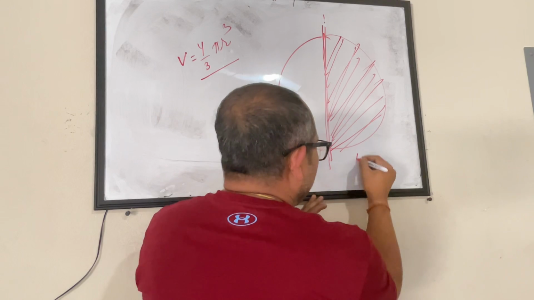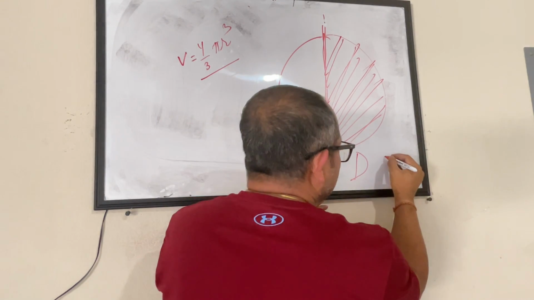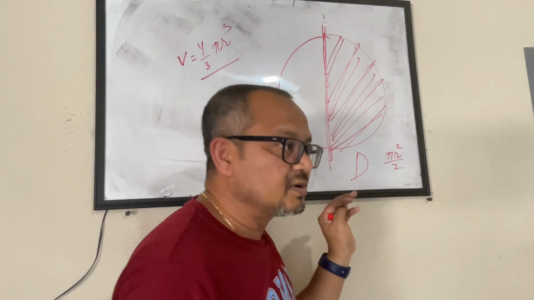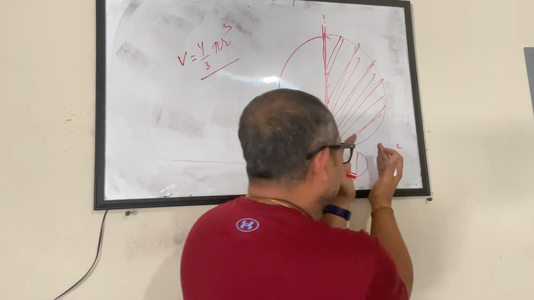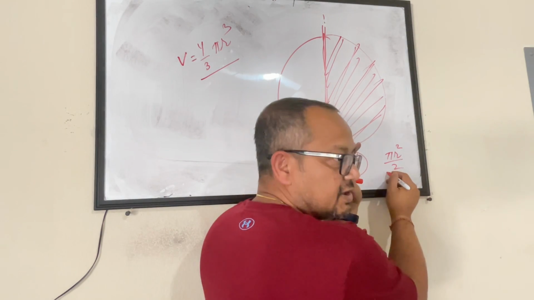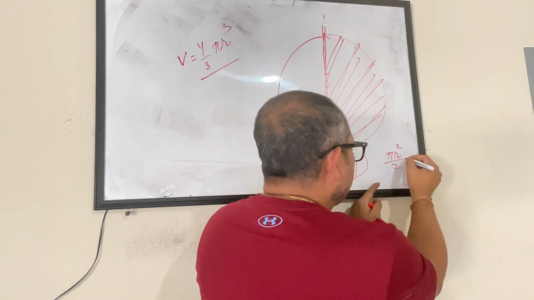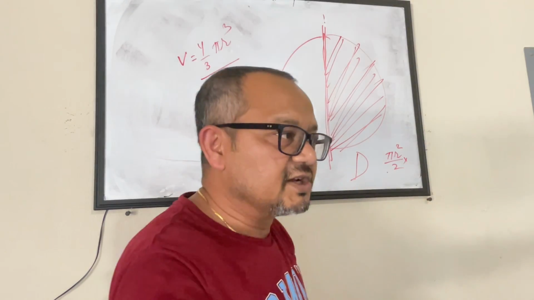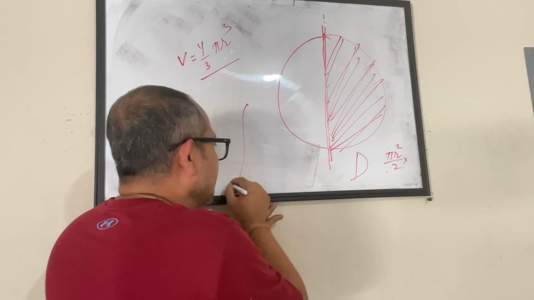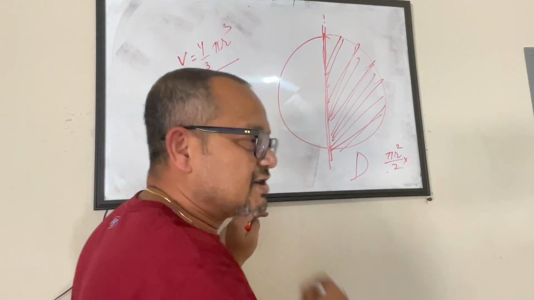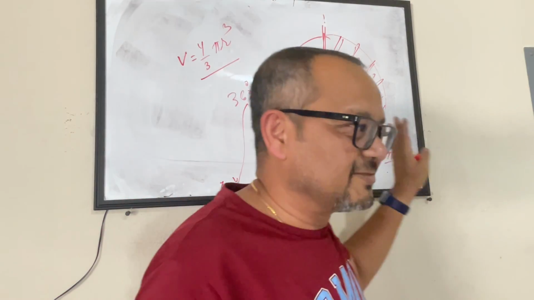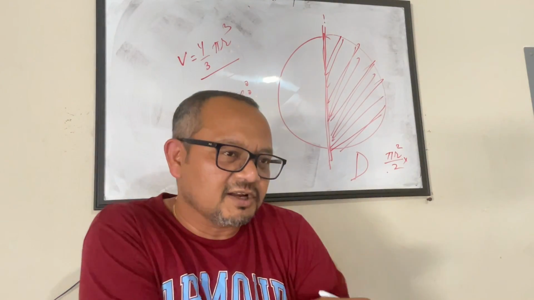The area of a circle is pi r square, so the area of a semicircle will be pi r square by 2. Then you rotate that through 360 degrees, and that will be the basis. This is where you use your integration logic from 0 to 360 degrees. Let me not go there, that is the calculus part, which will be a little tricky.